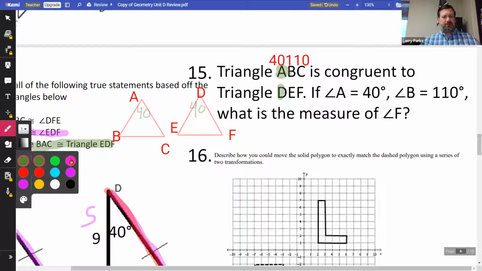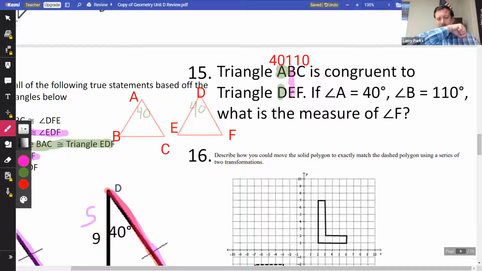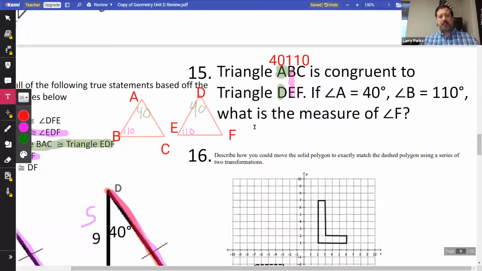Let's see. B and E would be the same because they're in the same spot. So if B is 110, then E would be 110. So what's the measure of angle F? Three angles add up to 180 in a triangle.